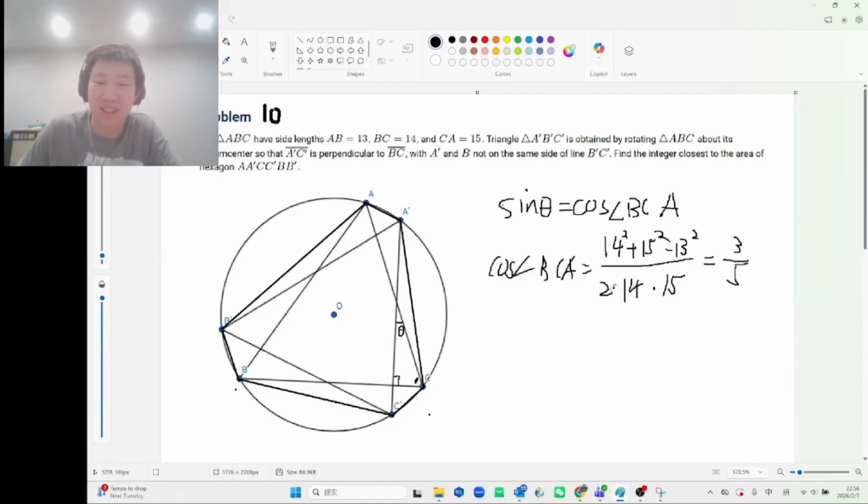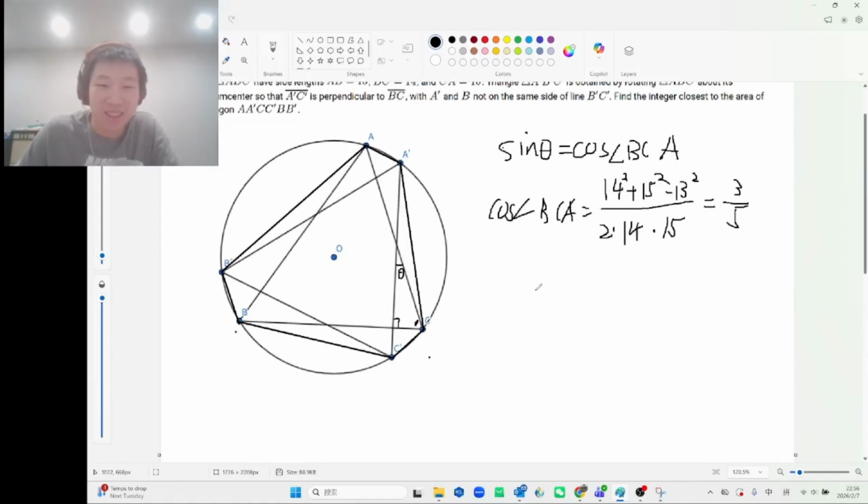So we get sine theta is 3/5. Pretty easy. Why are we computing this? Because I use a pretty nice method to compute the area of this hexagon.